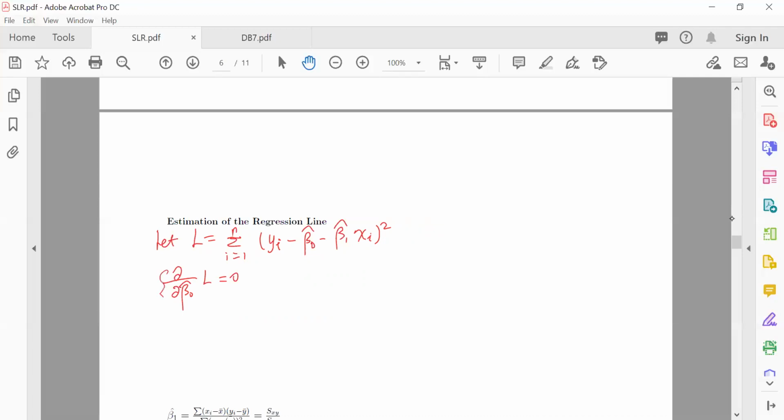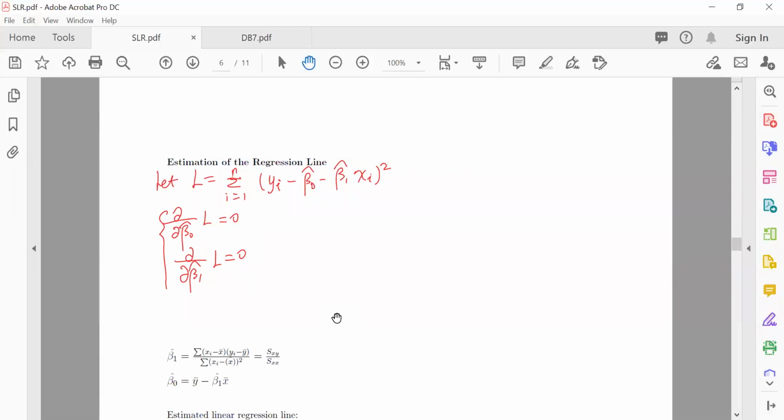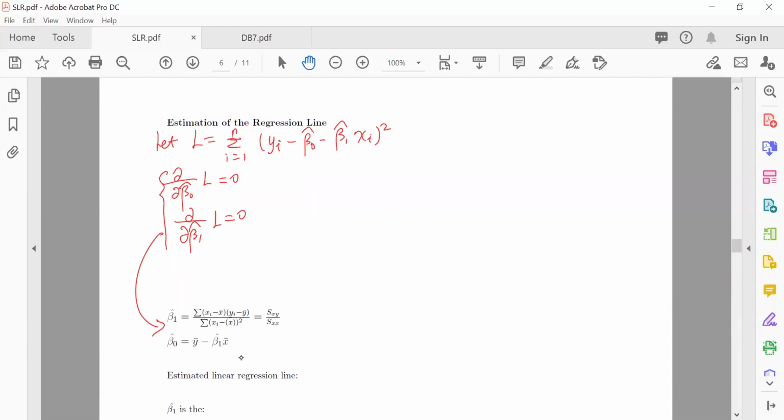and the partial derivative with respect to beta 1 equal to 0. To solve those simultaneous equations, we are going to have a solution like this. I'm going to skip the steps used to solve this. The solution is this.